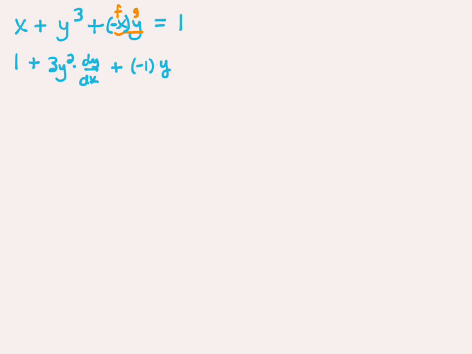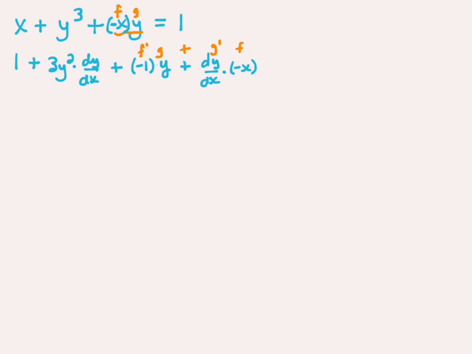So that is our f prime g from the product rule. Now we're going to go on to plus g prime f. g prime would be dy/dx times f, which is negative x. And again, that is our g prime f for the product rule.